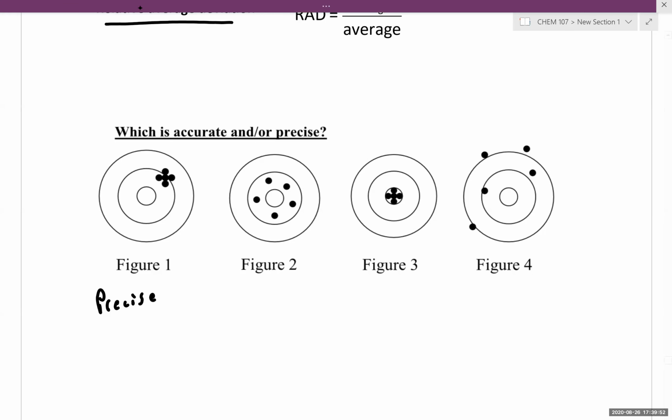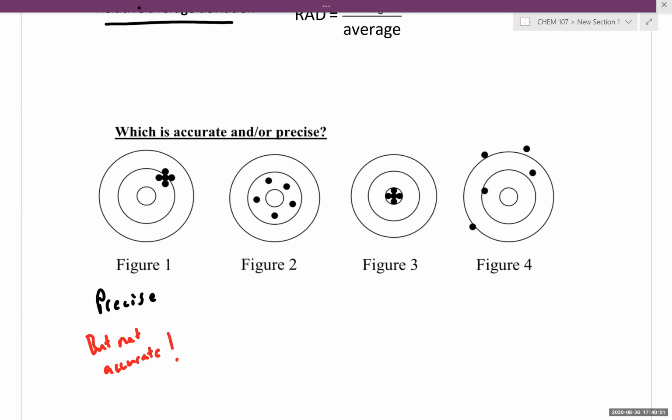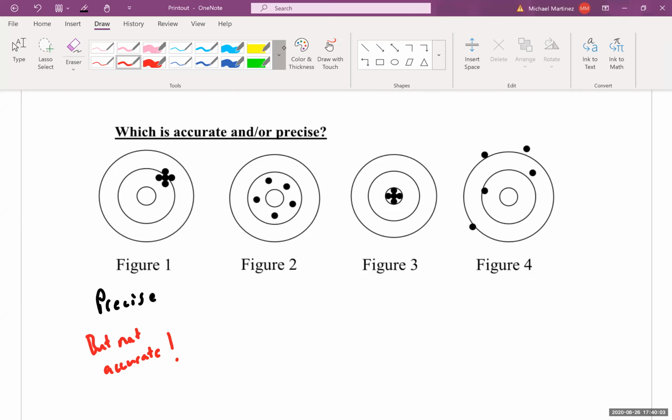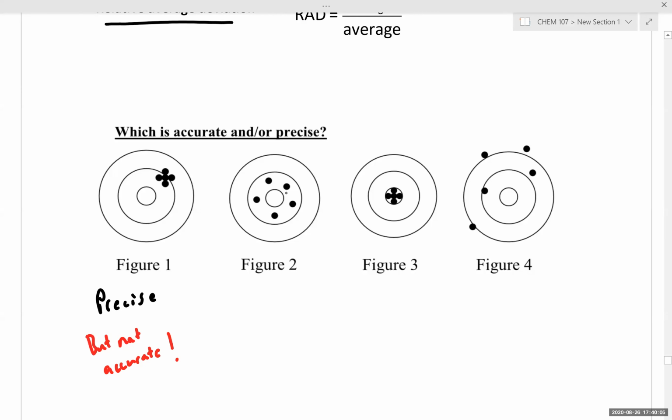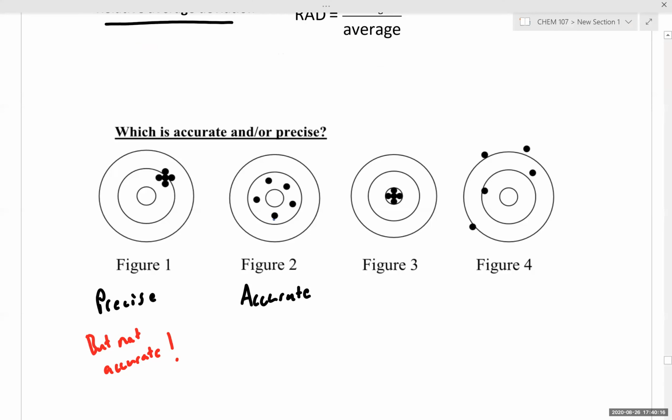However, we're not very accurate. In figure 2, all of our data points are pretty close to the center, so we're relatively accurate. However, our data points are pretty spread apart, so we are not precise.